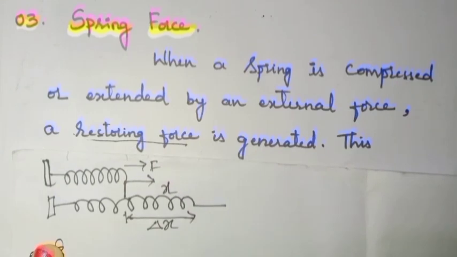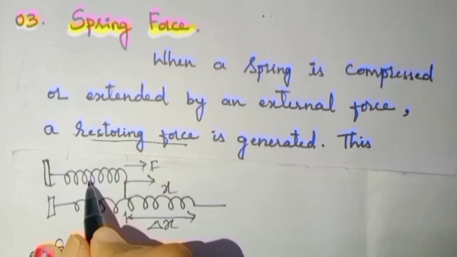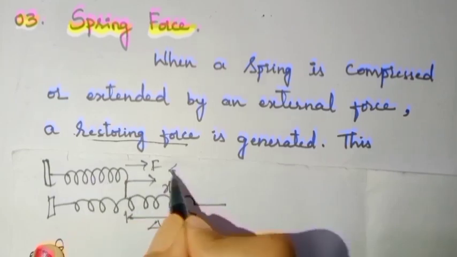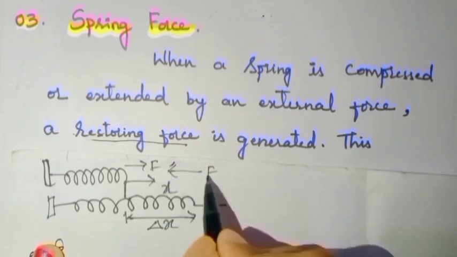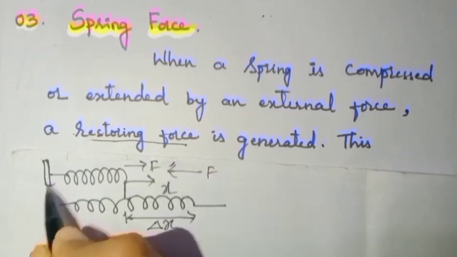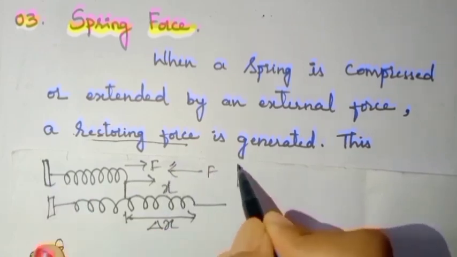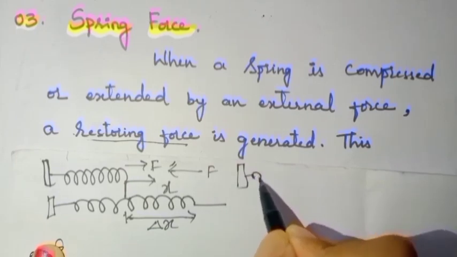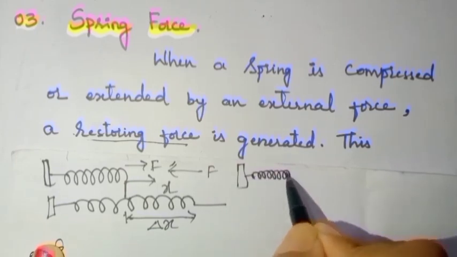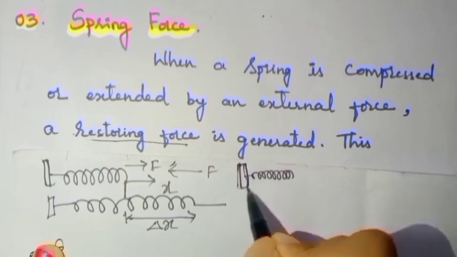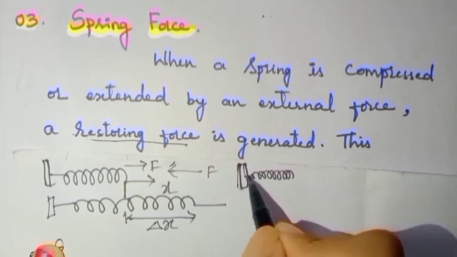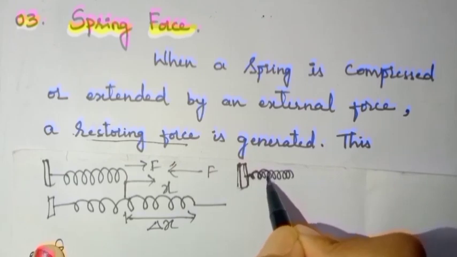Okay, now what I will do, similarly for this spring, I will apply the force in the direction opposite to the previous one. If you apply the force towards the rigid support, then what happens to the spring? Let's see here. The spring will be compressed, right?